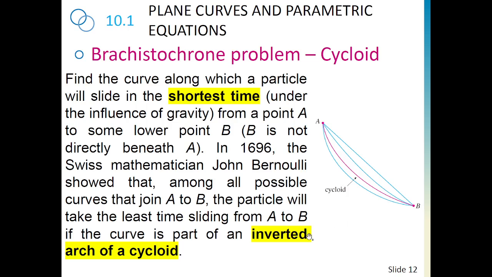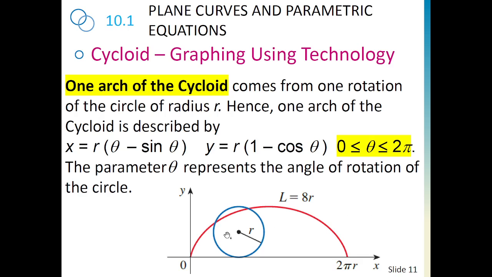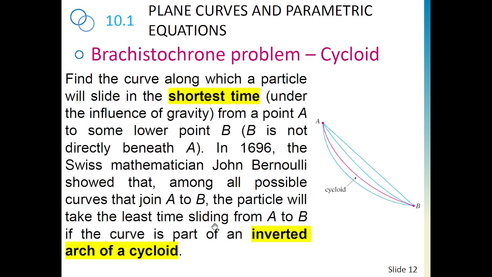It turns out that an inverted arc of a cycloid gives us the path with the shortest time of running from A to B. So that's something curious. This cycloid that we get here, if we flip it, essentially we have an arc of a cycloid, inverted. That would be the path that would produce the shortest time from A to B if we run a ball along it.